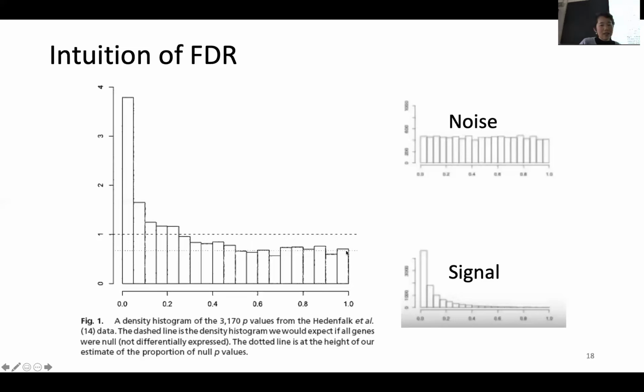Remember, we're saying that this is a sum between the noise and the signal. Therefore, if we want to do a p-value cutoff at this first bar, how much is the signal and how much is the noise?